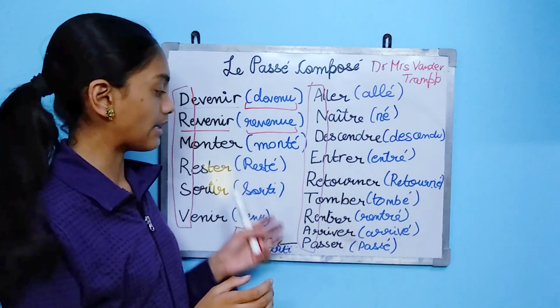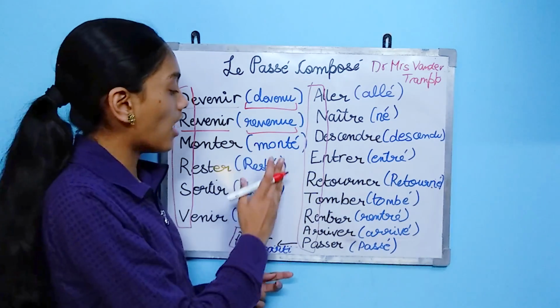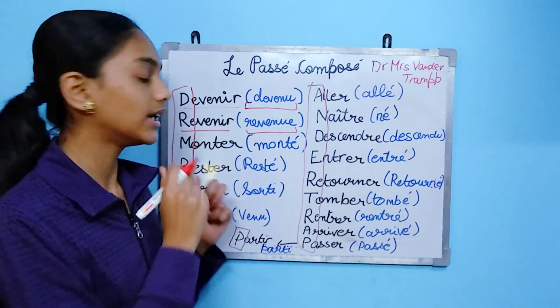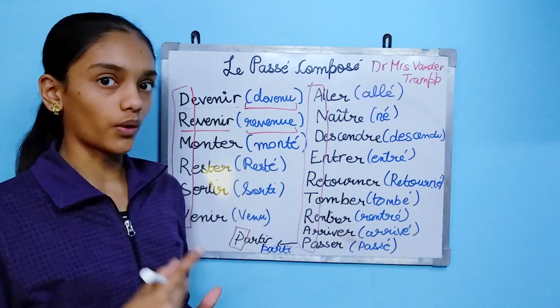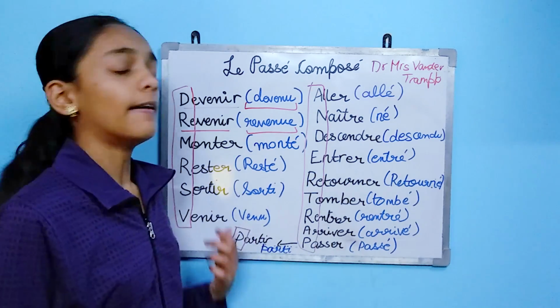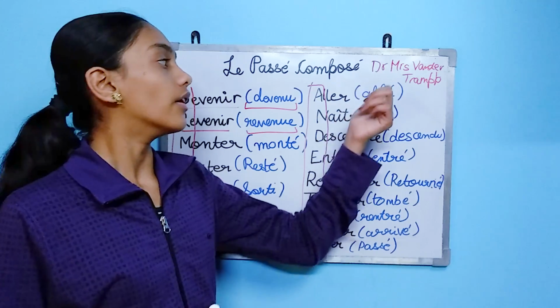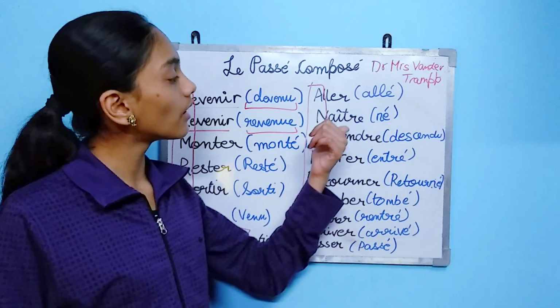Rester, same, resté. All the ER verbs follow this rule that the R would be excluded and there would be an accent on E. Next one. Sortir becomes sorti without an R. Venir becomes venu. Aller becomes allé with an accent on E, just like the ER verb conjugation.